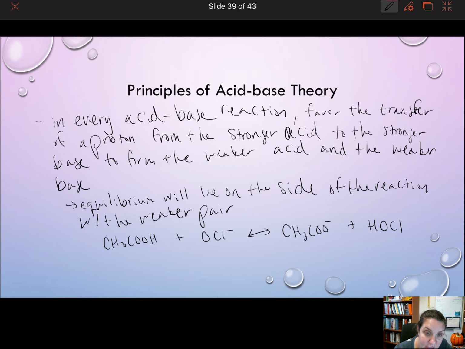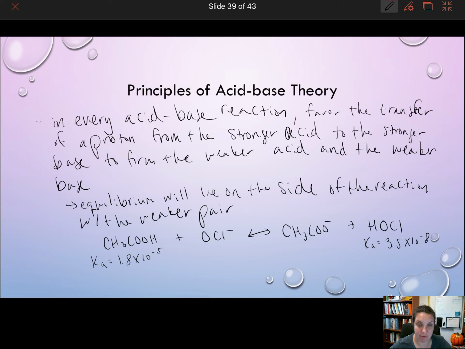If we look at the Ka for our acids, acetic acid has a Ka of 1.8 times 10 to the negative 5. HOCl is 3.5 times 10 to the negative 8.